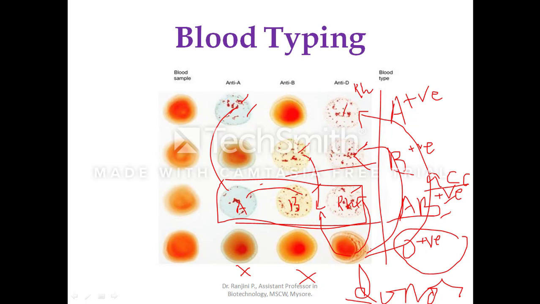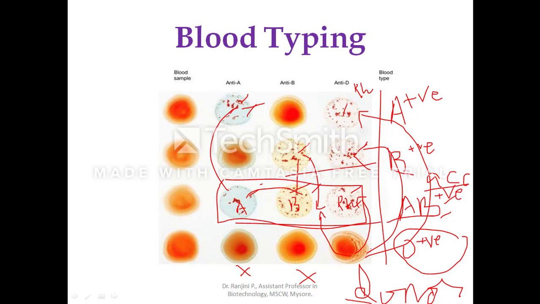Whereas AB positive is considered as the universal acceptor because he has the A antigen, the B antigen and the Rh antigen, so he will not have a problem with the A blood group or the B blood group and even the O blood group. O blood group is not carrying any antigen. So he can accept the blood from any type of blood group. Such individuals are called universal acceptors and O blood group individuals are considered as universal donors. So this is regarding blood typing.